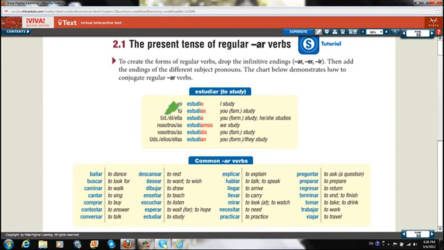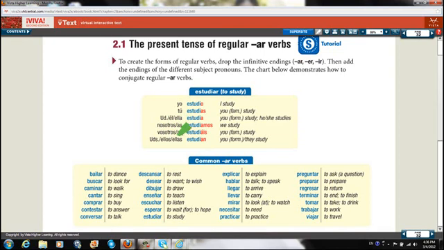Usted es. Él es. Ella es. You formal are. He is and she is. Nosotros and nosotras somos. Muy bien. We are.